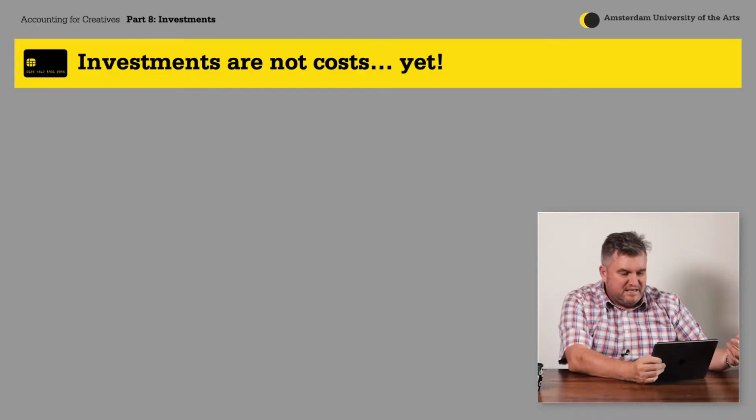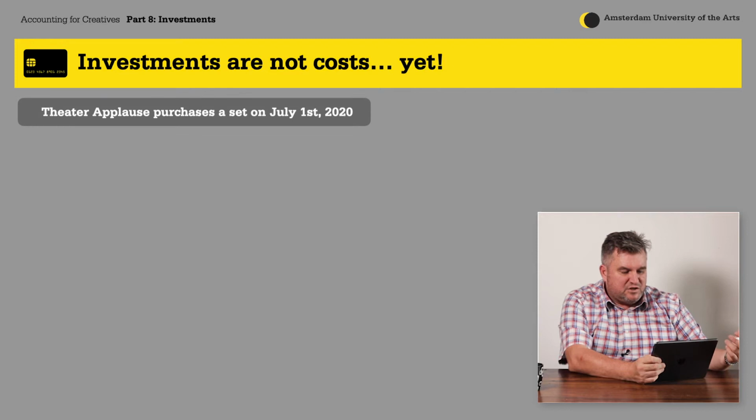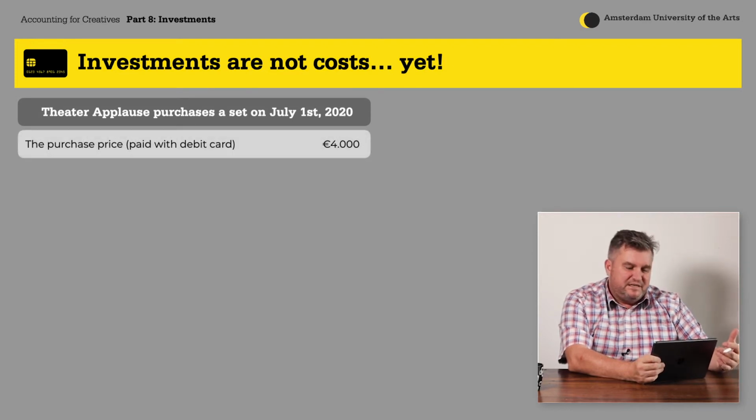Let's go back to a purchase and we buy something, for example a decor, a set, and this set will cost about 4,000 euros. This is an amount of money that is not paid for just 1 month or 2 months. We intend to use this set for several years.